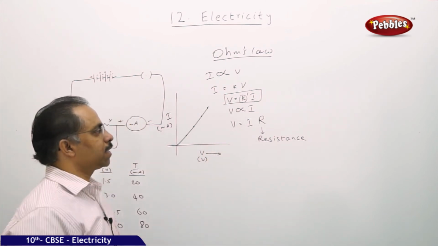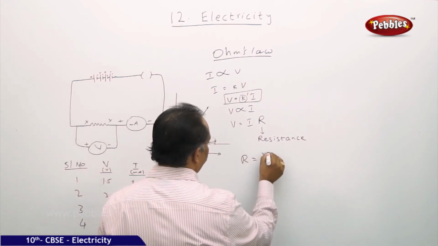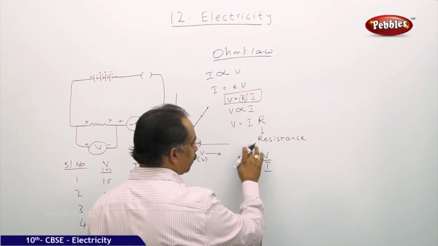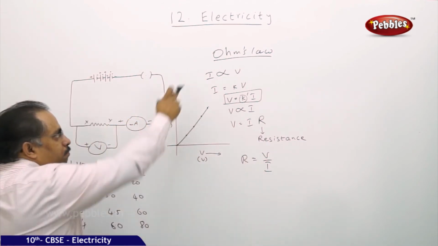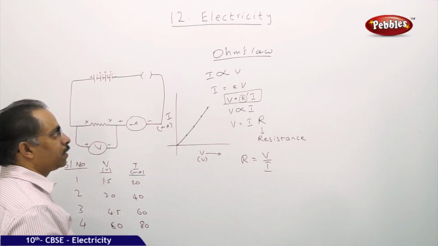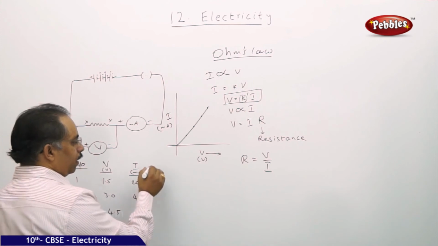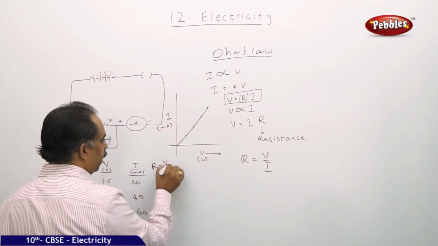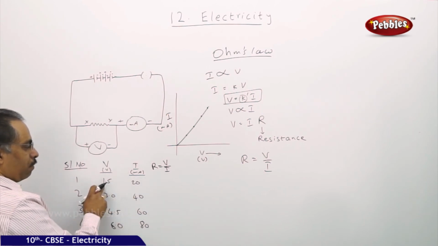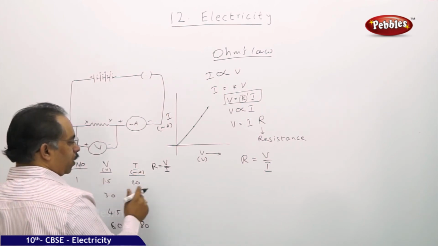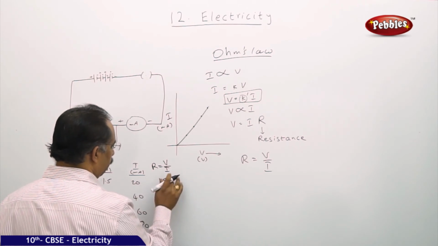To measure the resistance, I take the expression R is equal to V by I. R is measured in ohm, based on the name of the scientist who devised this. So if I take R is equal to V by I, every time I measure V by I, V is 1.5, 1.5 divided by 20 milliamps.